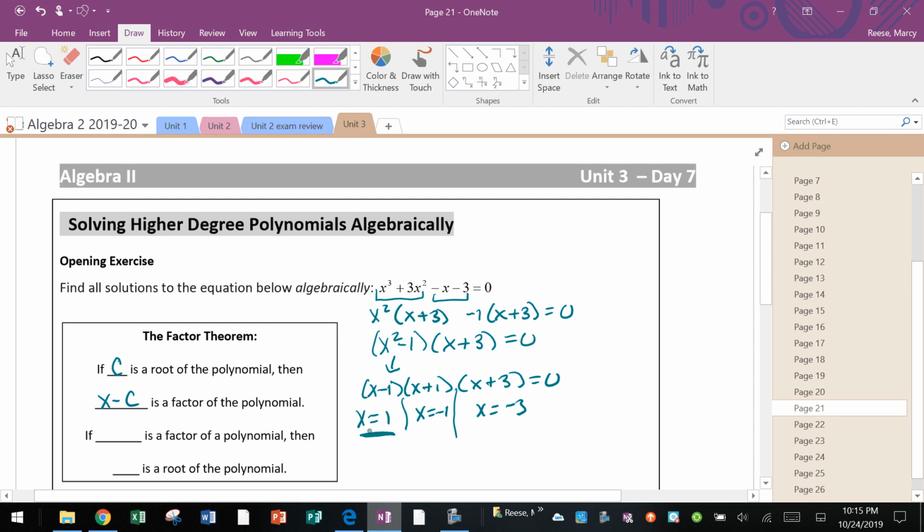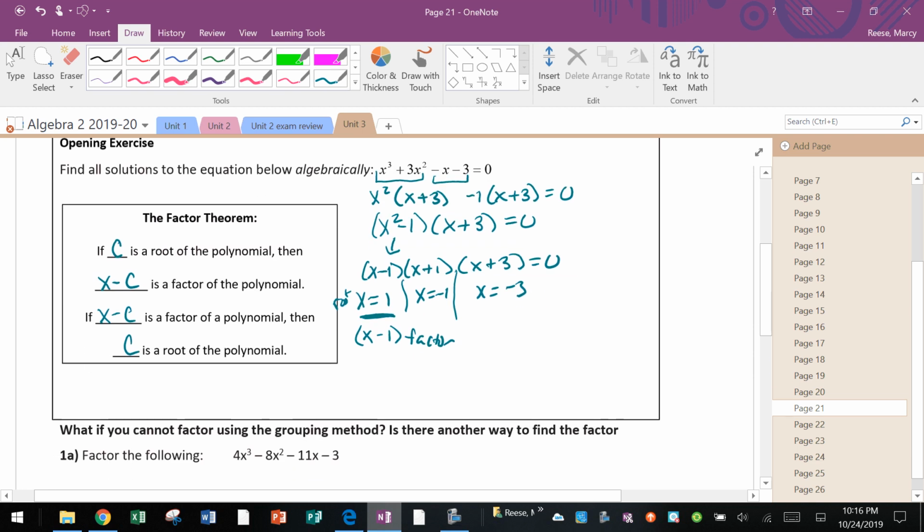So when I had x equals 1, the factor of that is x minus 1, right? So this is the factor, this is the root. And at the same time, if x minus c is the factor, then obviously c is the root. Okay? So we're going to use this to help us with our polynomial graphs today.